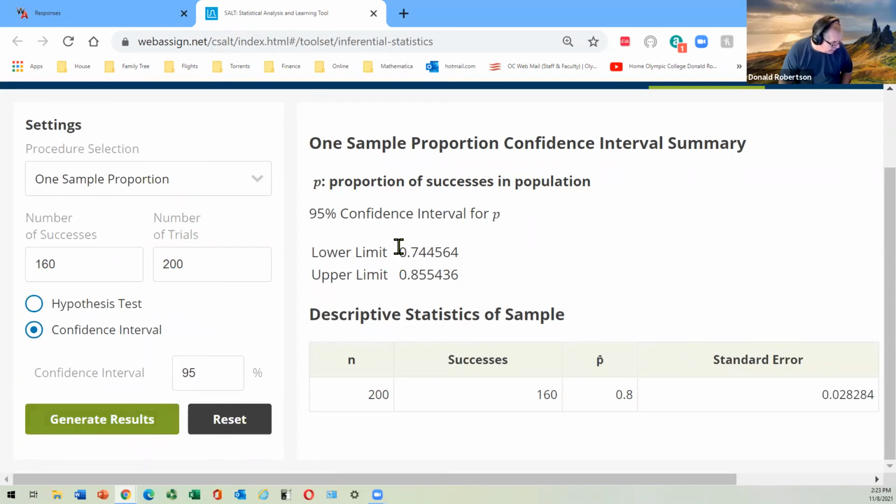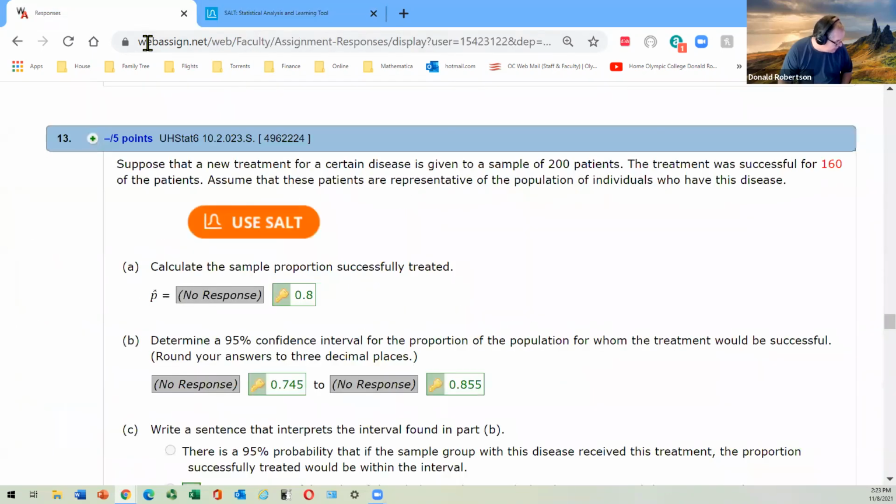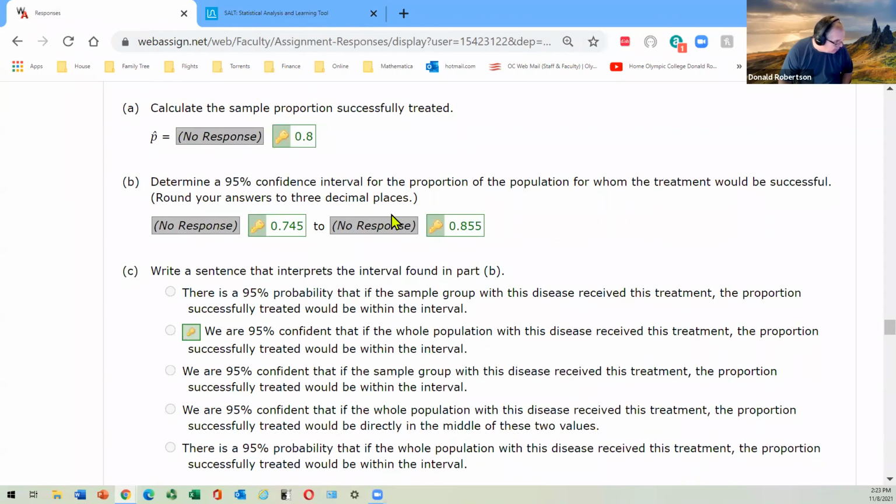The numbers you want are your lower limit and the upper limit. Let me copy this and paste it. This one first. That's where it rounds off to 3 decimal places, and that's what the other one rounds off to, right?